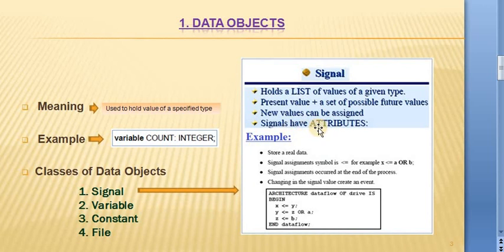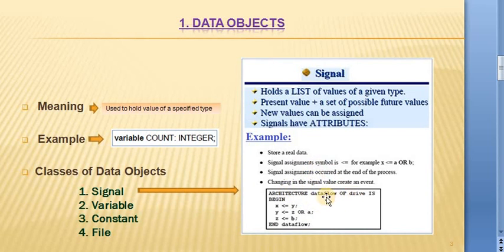So let's discuss one example. As you see, the data flow data object is created for the logical operation under the block architecture. The signal declaration is done as per the syntax as you see in the slide, the signal with signal name and signal type.